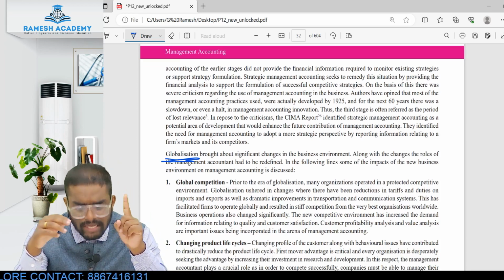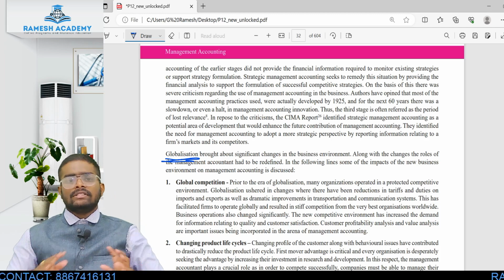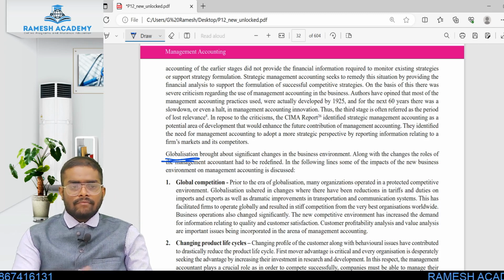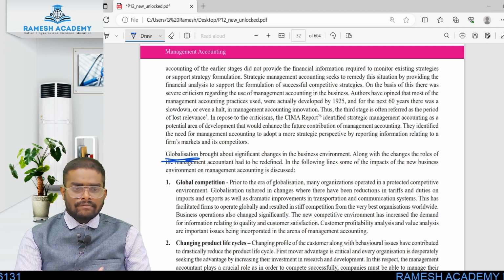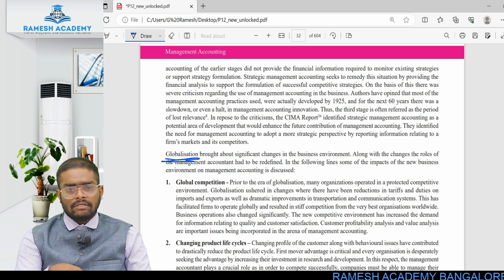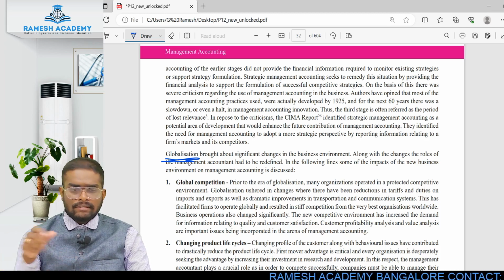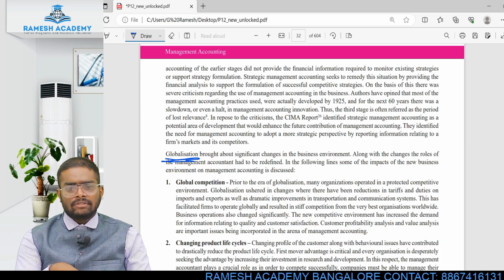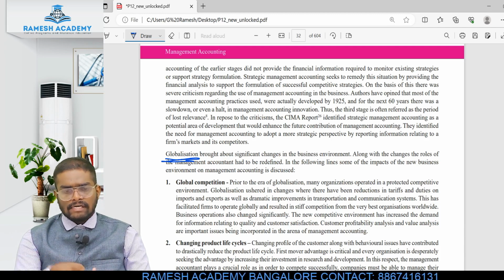So first thing, he has to face global competition. Global competition is nothing but this: earlier we had one space. Take a village. Someone used to produce there only, someone used to sell there only. Later they moved on to cities. They used to produce in their village and take it to cities. Now the boundaries have been reduced. They were selling all over India.